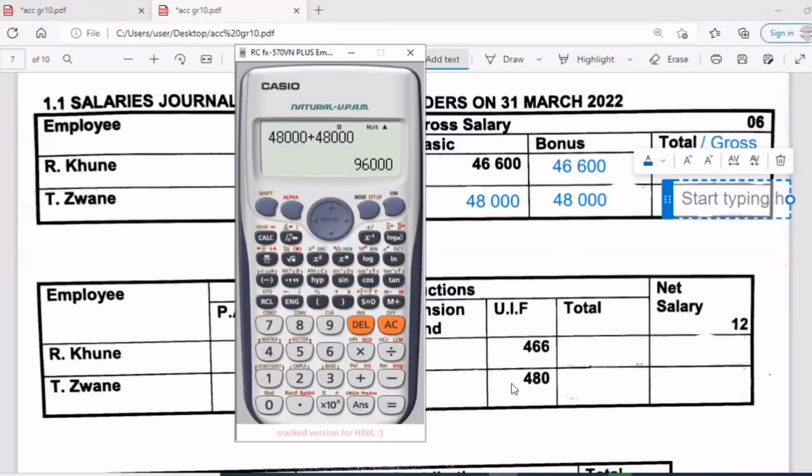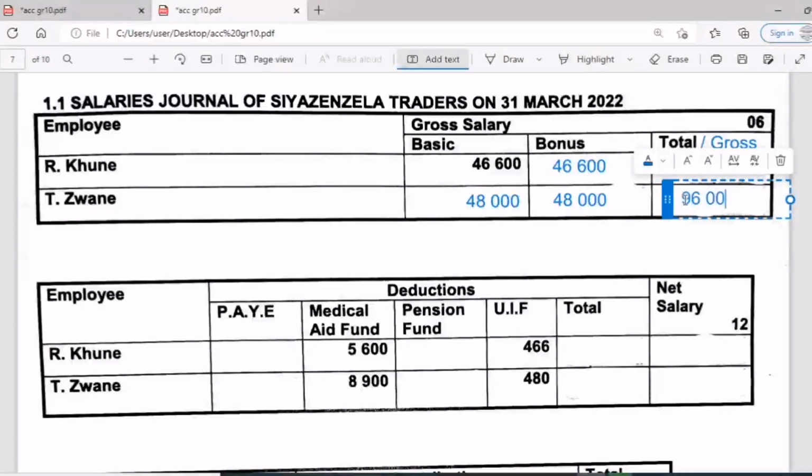So the gross for Zwane is 96,000. So guys, these are their gross salaries. It means that these amounts are before deductions. So this represents their total salary before any deduction.